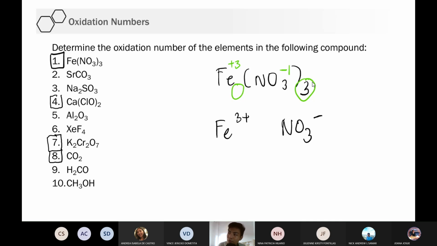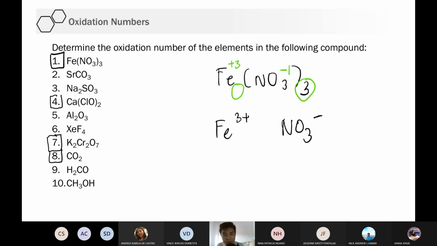You will just look, saan galing to? Dito. Saan galing yung number dito? Doon. Okay? So, kapag metal to, positive yon. Kapag anion, edi negative. Okay? So, ganun lang. So, we now have our ions. And since we now have ions, we can solve for the oxidation numbers.